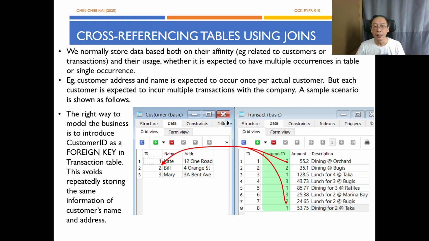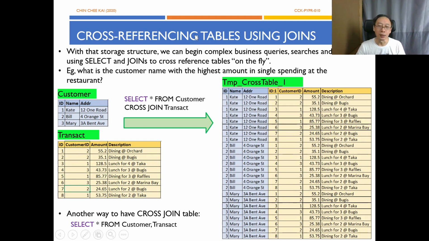So having said that, how do we get it to work? And what do you mean by cross-referencing tables? So the idea is that when we separate the data into two tables, the primary key table and the referencing table like transact, we need to join them conceptually. So when we say join, yes, we even draw it out as being fused together, physically, but SQL Server only does it logically.